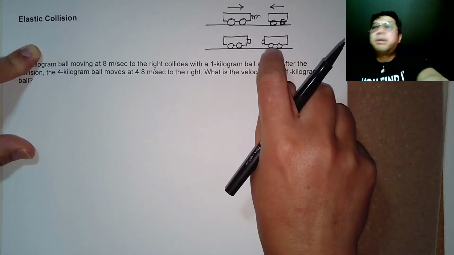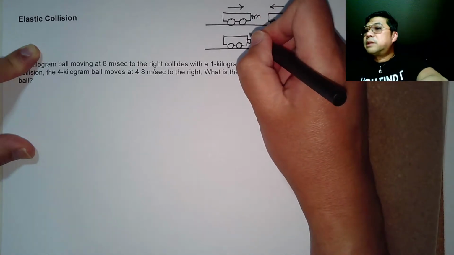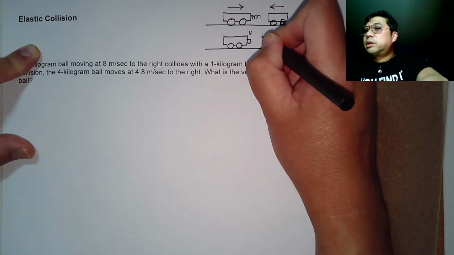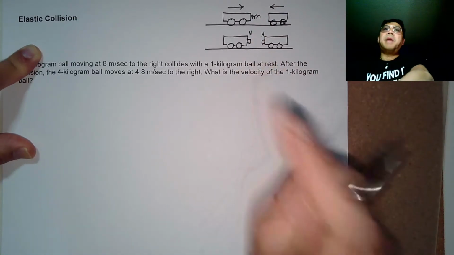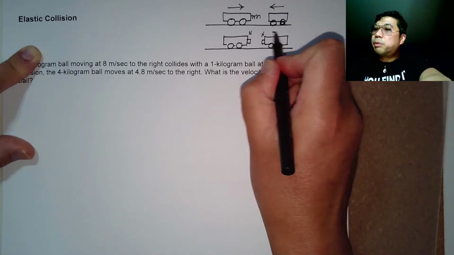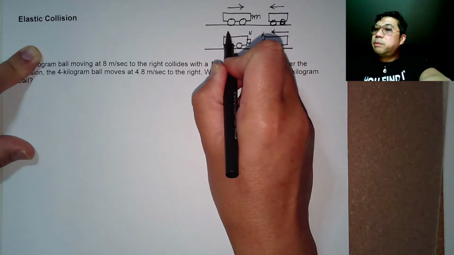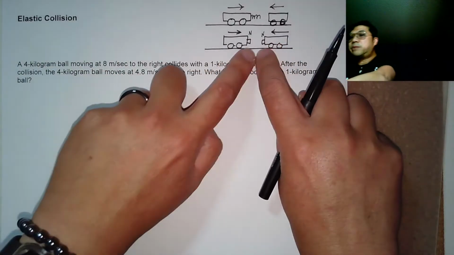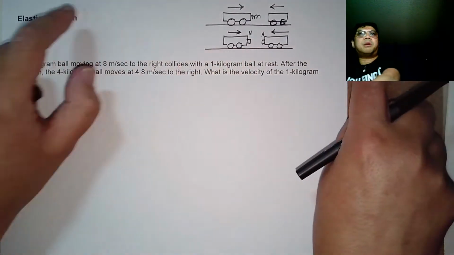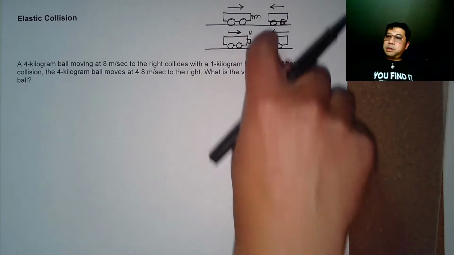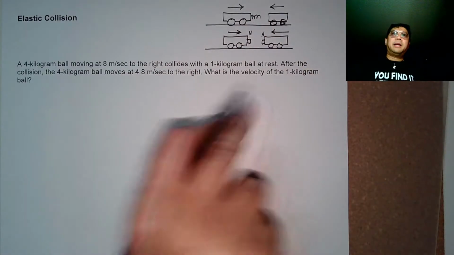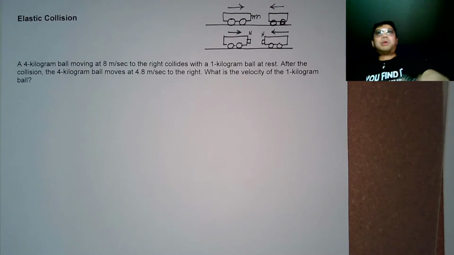If both of them have north and north, the magnets will repel. As soon as they get very close to each other, they will be pushed away from each other. So basically, the presence of a spring and a magnet gives what we call elastic collision.